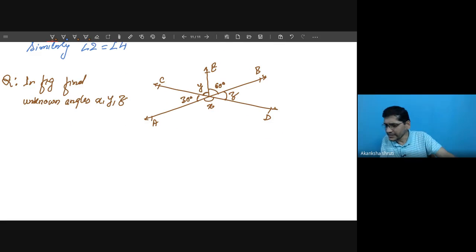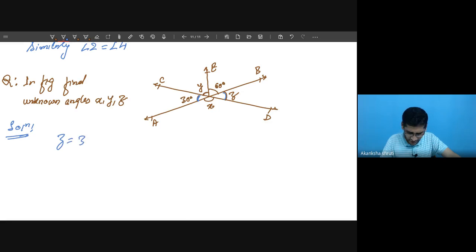Yes Darnish, tell me, tell quickly. Student, here we are observing that this Z is just opposite, so angle Z is equal to 30 degree. Why? The reason you have to write: they are vertically opposite angles. This thing we have calculated. Okay, student?